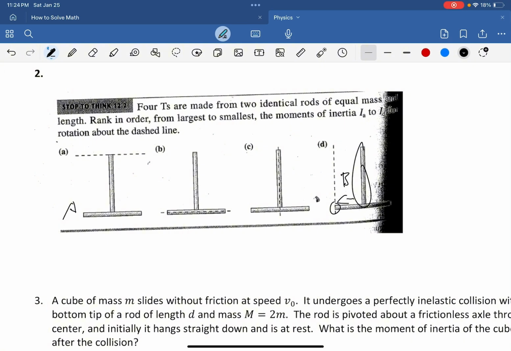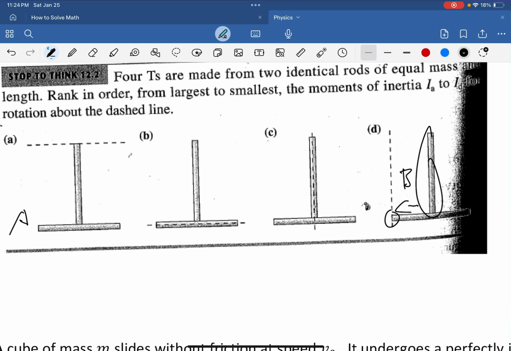All right. The third hardest is this one, because the pivot point is right here.